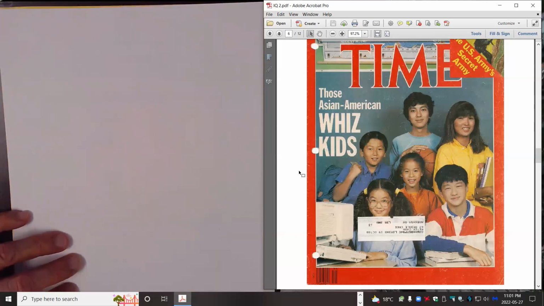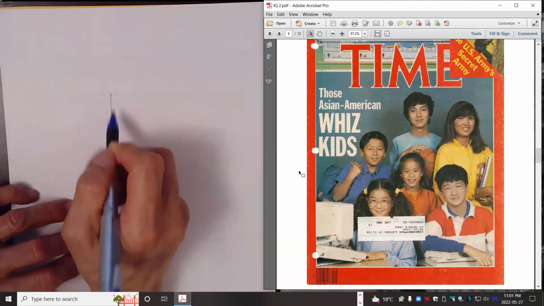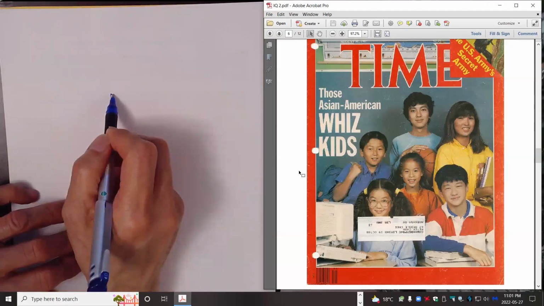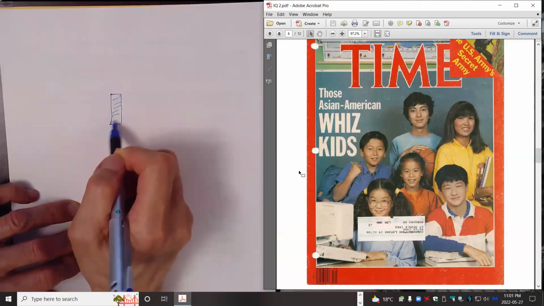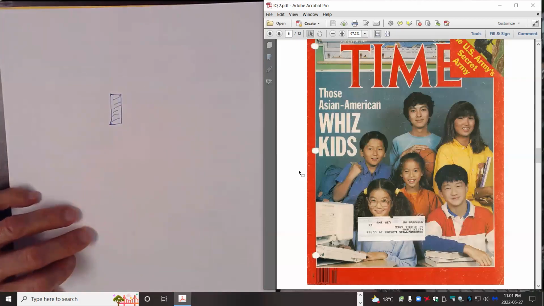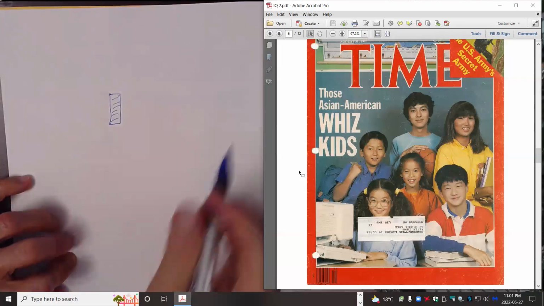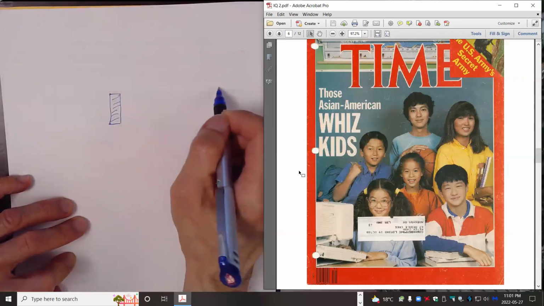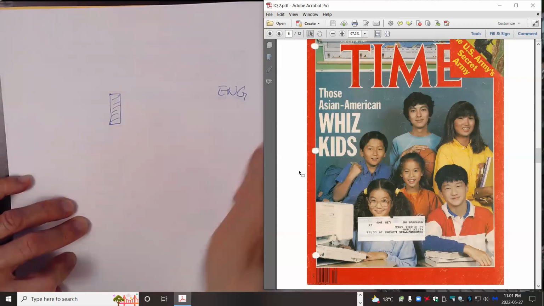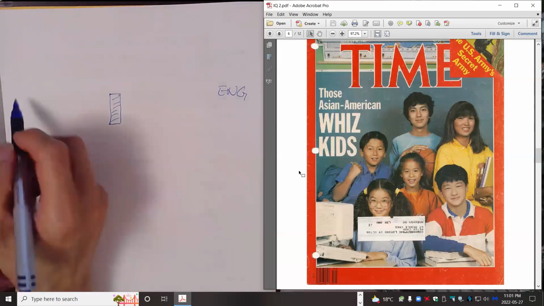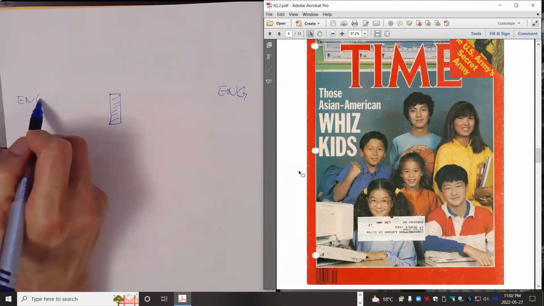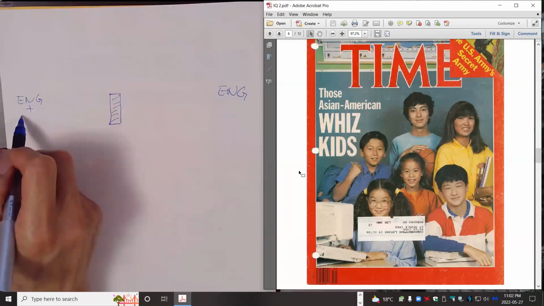Okay, let's say one item here. English speaking only. This is one. Plus an Asian language, say plus Chinese.